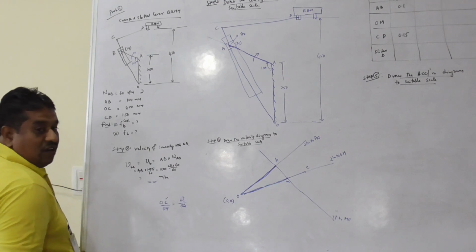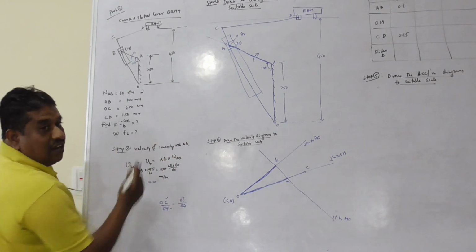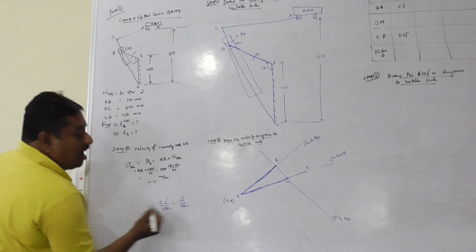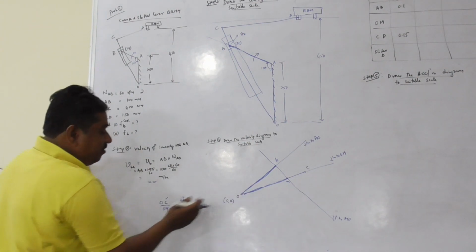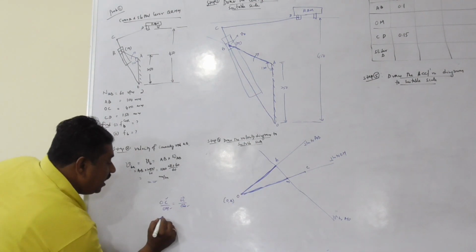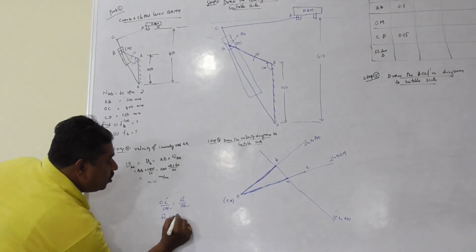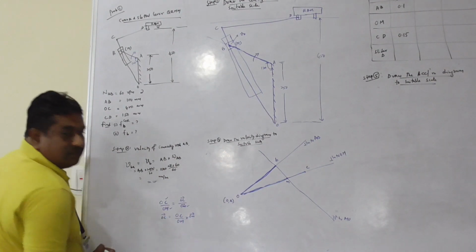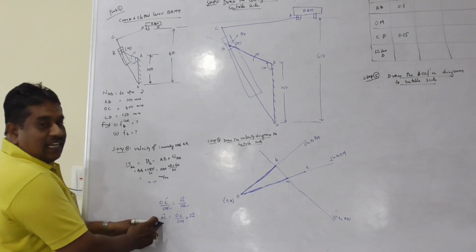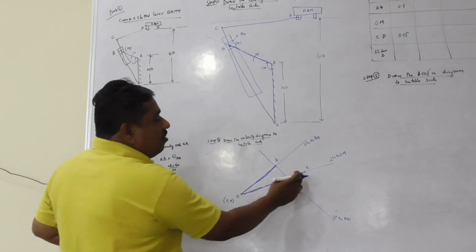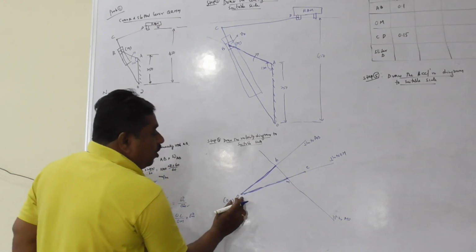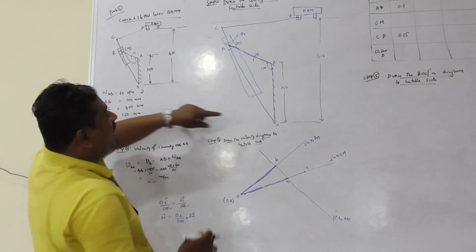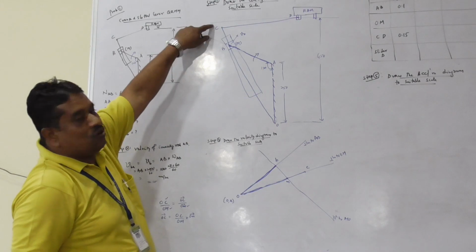OC distance is known. OM you can measure from the configuration diagram. Vector OM from the velocity diagram you can measure and substitute the value. Finally, vector OC is equal to OC by OM into vector OM. Calculate this OC. Accordingly, from pole O, fix the point C. Therefore, vector OC represents the velocity image of the slotted lever OC.